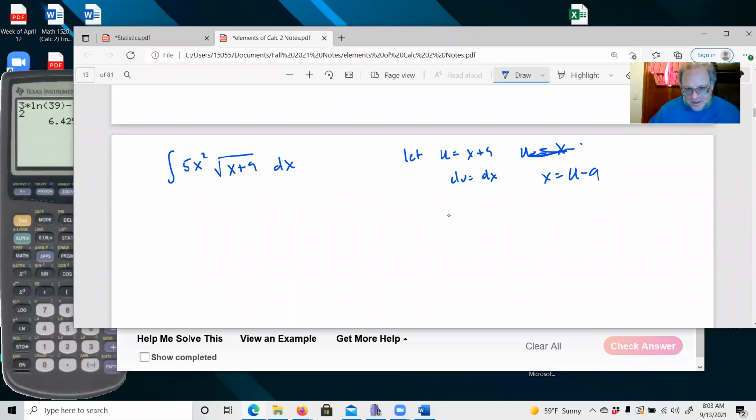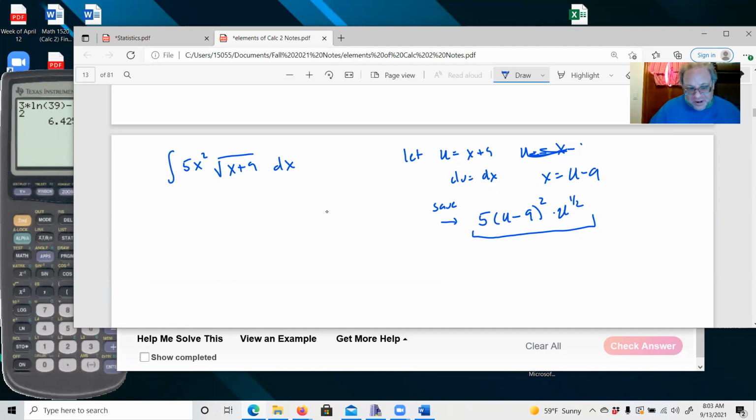So we might pick this out as a u, 5 times u minus 9 squared times u to the 1/2, and go through and do this. That would be a legitimate way of getting through this problem. It might be an easier one than doing through all of this, but let's see where integration by parts would lead us. We'll save this for later. This is in the maybe pile.